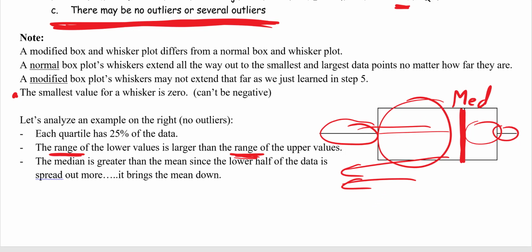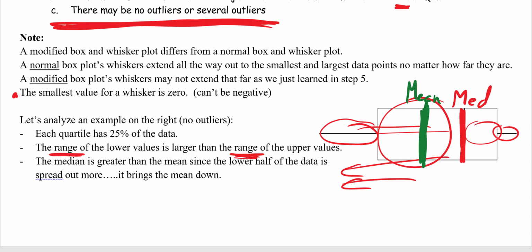So the mean might be somewhere like here. But again, the median is the physical middle of all the data, so that would be the red line, and the mean is going to be pulled down to the left because that data is spread out and it's pulling it down. Okay?